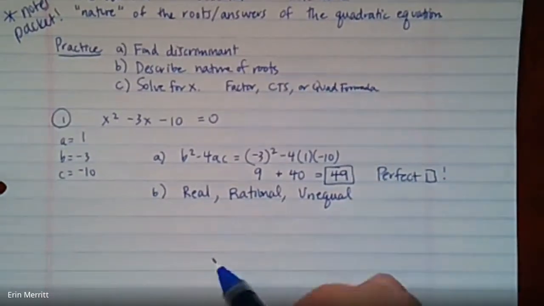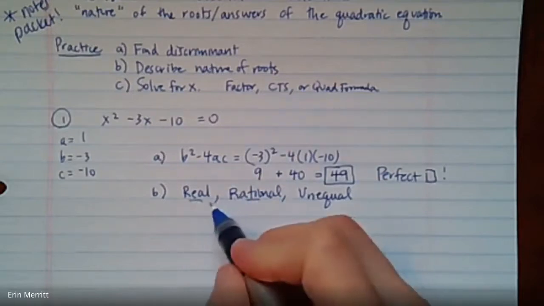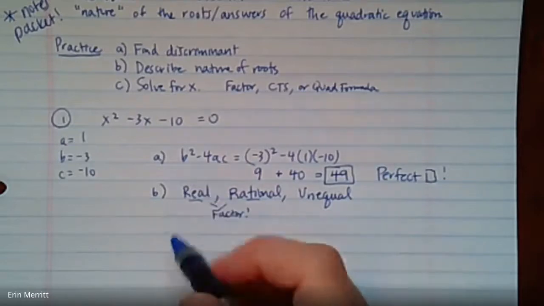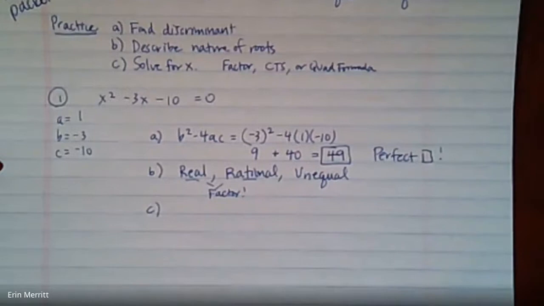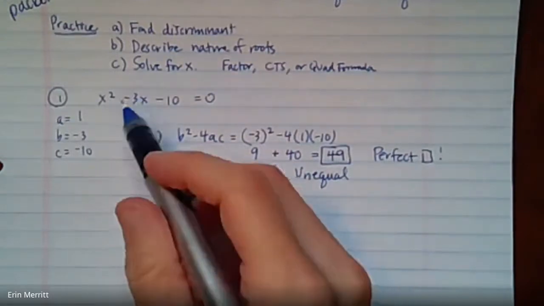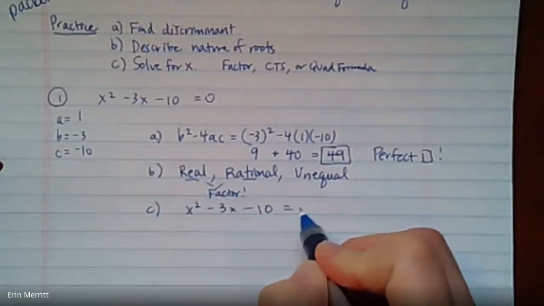All right, last part. If they're real and rational, that means that you can factor it. So part C is kind of up to you. You can factor, you could complete the square, you can use the quadratic formula, but that's telling you right there that it is factorable. So now if we try to factor this guy, x squared minus 3x minus 10.